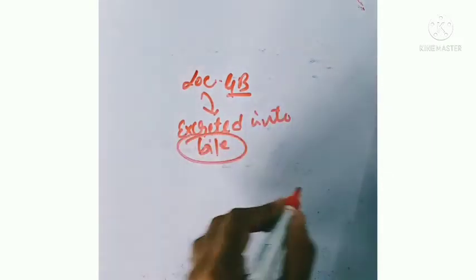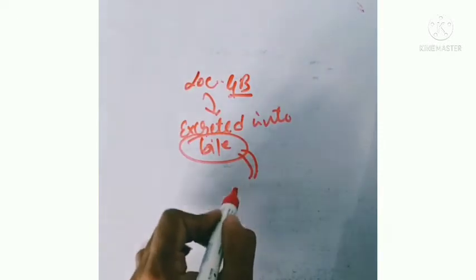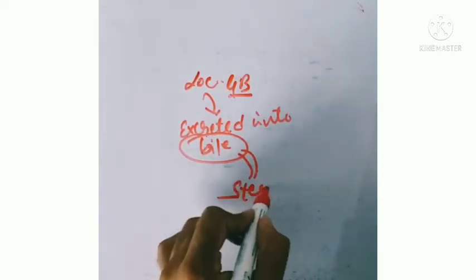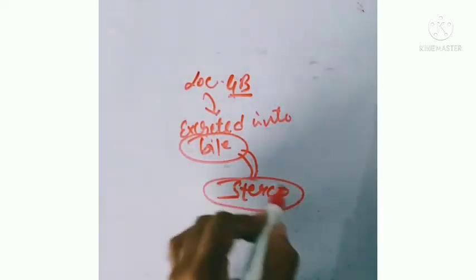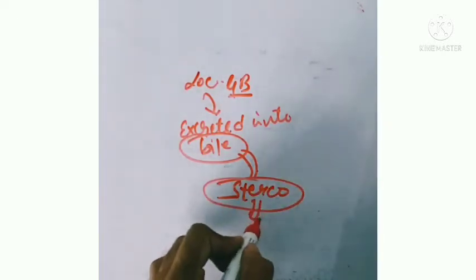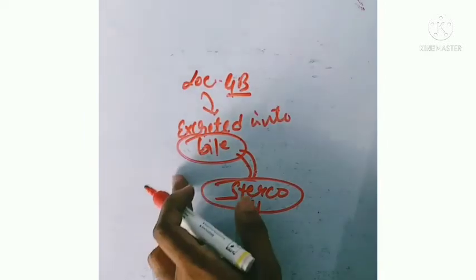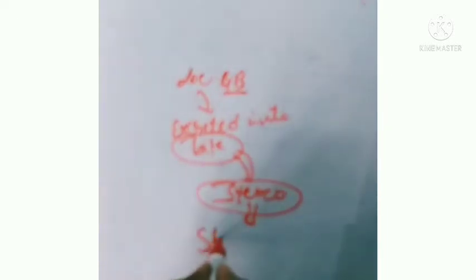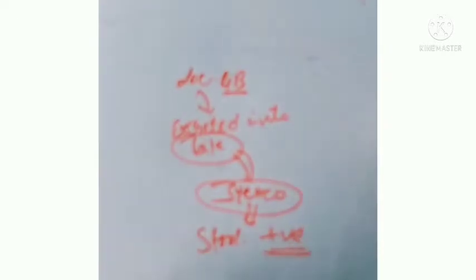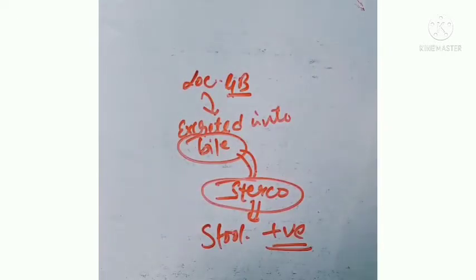See, the bile is now excreted into the urine and the feces. And the stercobilin, this provides the color to the feces. Since this bile is excreted through the stool and the bacteria are present in the bile, the stool culture will come positive. Stool positive for the bacteria.